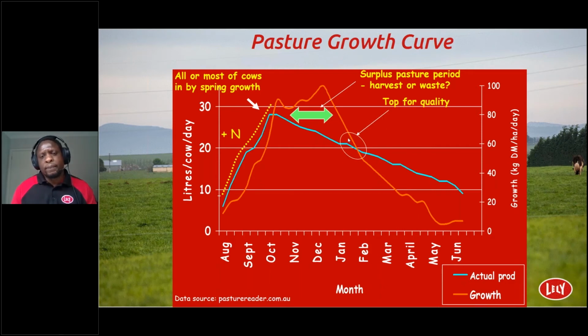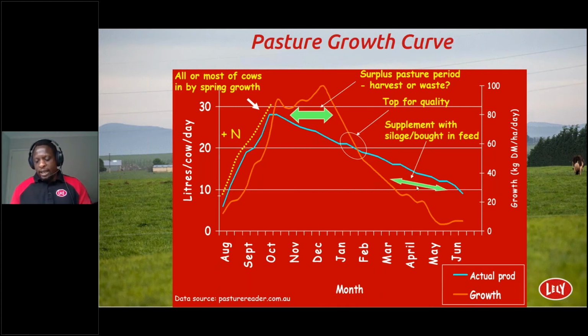As the pasture starts to lignify, its quality is greatly reduced, and it's mainly for gut fill, and it will not be meeting the energy demand of your cows.